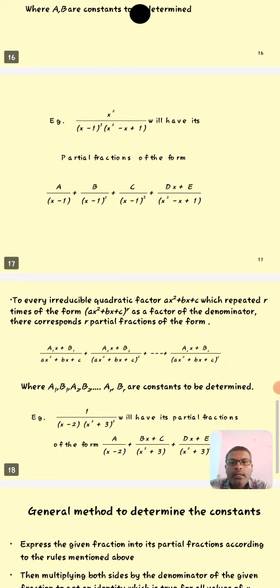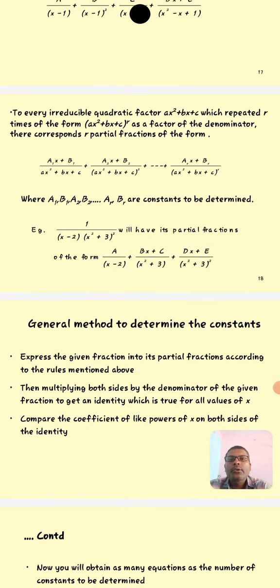Okay. The next one is what? The fourth method. To every irreducible quadratic factor ax square plus bx plus c which is repeated r times, of the form (ax square plus bx plus c) to the power of r as a factor of the denominator, there correspond r partial fractions of the form. This is called what?